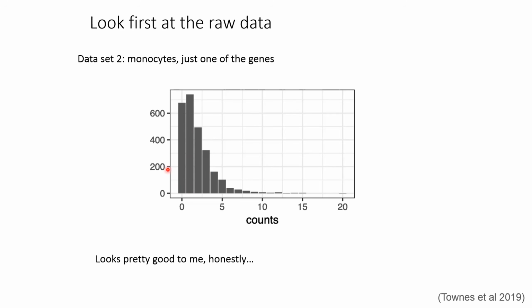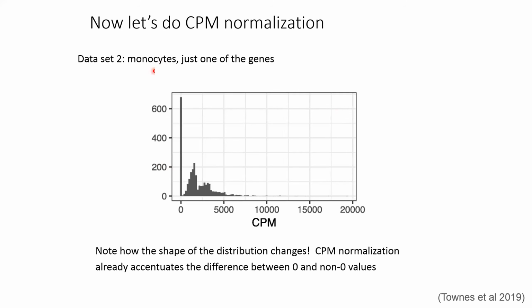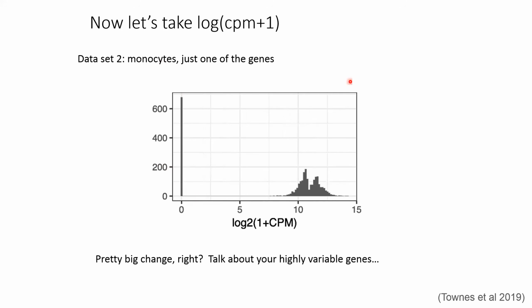But otherwise, this gamma distribution has relatively low coefficient of variation spread across its mean. So in contrast, when we do the CPM normalization, the zeros remain zero, and now many of these cells fall further away from the gene's mean. And if we take the log of the CPM plus 1, this moves the fraction of cells with zero counts even further away from the mean.